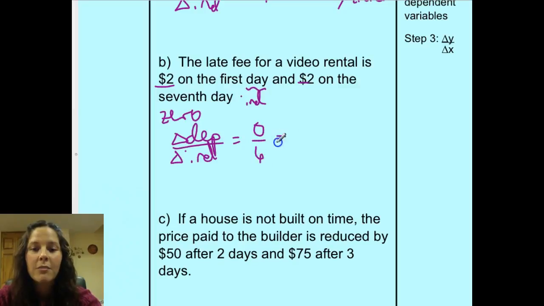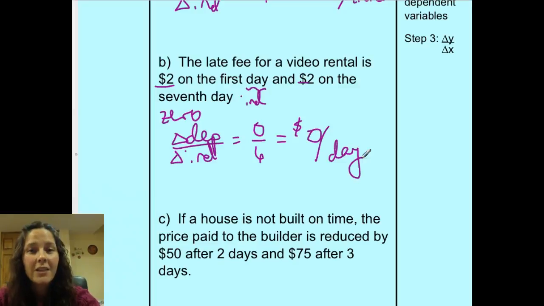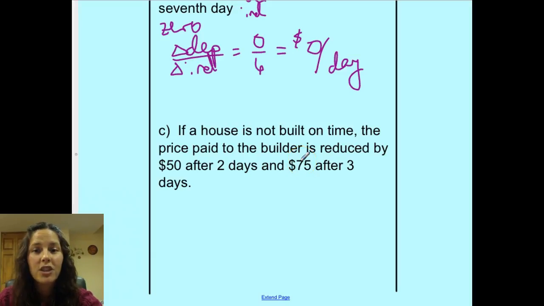The change in our independent variable happened to be 6, still giving us a $0 per day change in the rate of change. Now in this case, the late fee would be cumulative. You're paying $2 per day, so by the end of 7 days, you're paying a total of $14, but the amount you pay each day stays the same. So that's how our rate of change is 0 on this one.